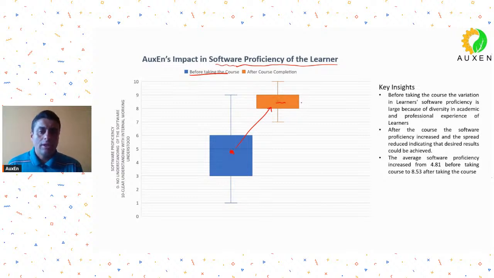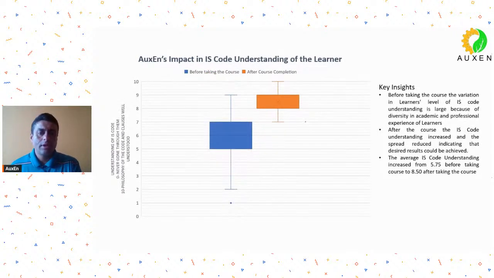everyone agreed that they could feel an increased software proficiency, and you will see the dispersion also reducing. Earlier people had different proficiency levels, but afterwards it's converging to a high average value. So this is our impact when it comes to software proficiency.